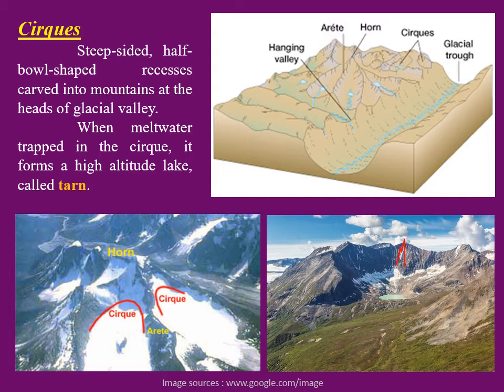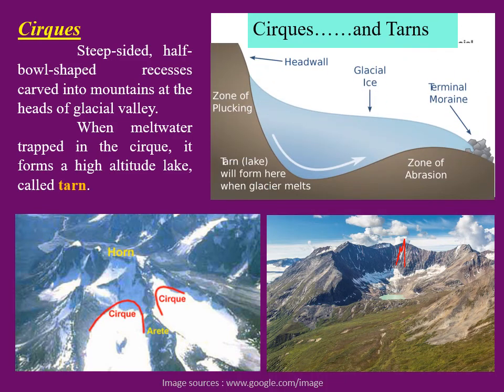Although the steepest portion is in the upslope area, the downslope area is also inclined towards the center of the depression, as you can see in this case. So this is a cross-sectional profile of a cirque.